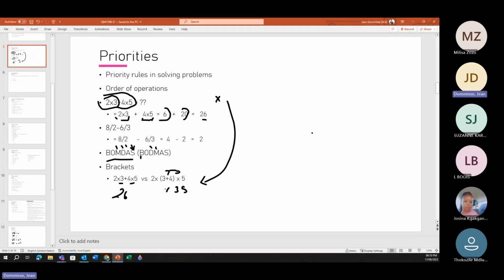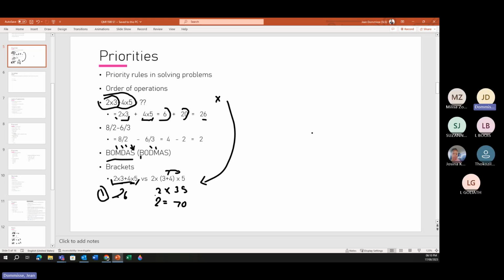And then if I multiply that by 2, I get 70. So what will happen in your assignments is that they might give you something like this, where one of the answers is that, and one of the answers is that, so that they check that you're doing the right process.